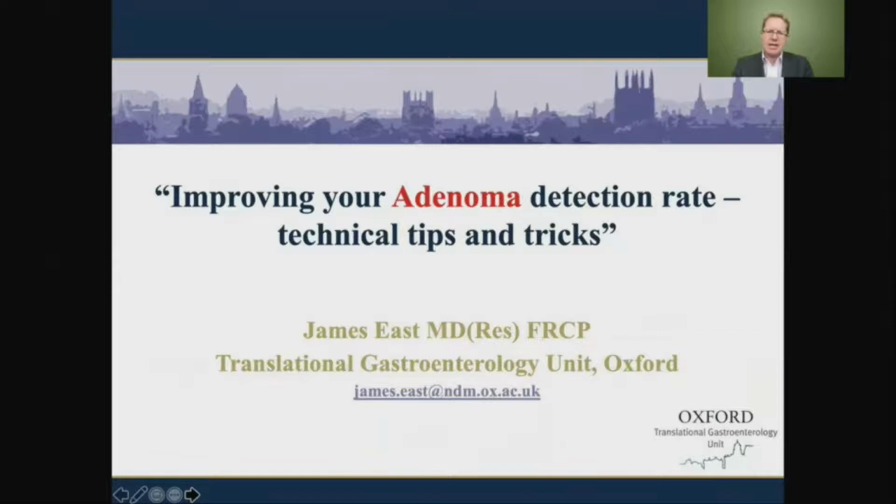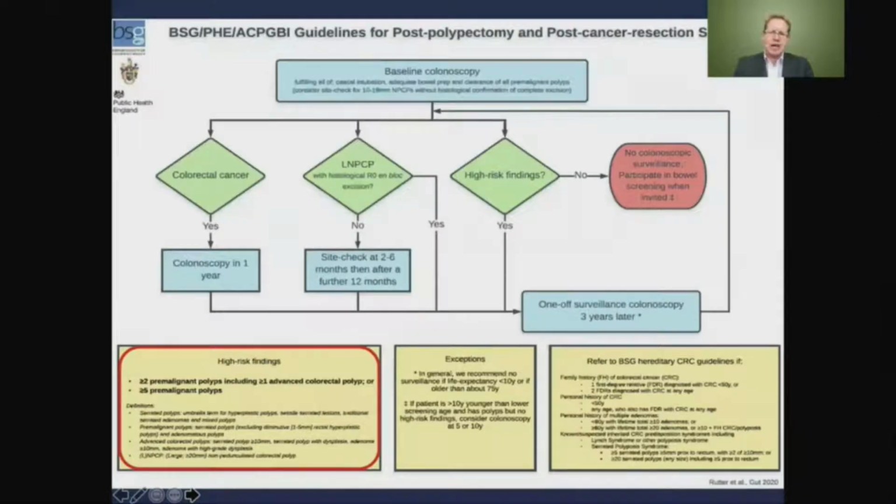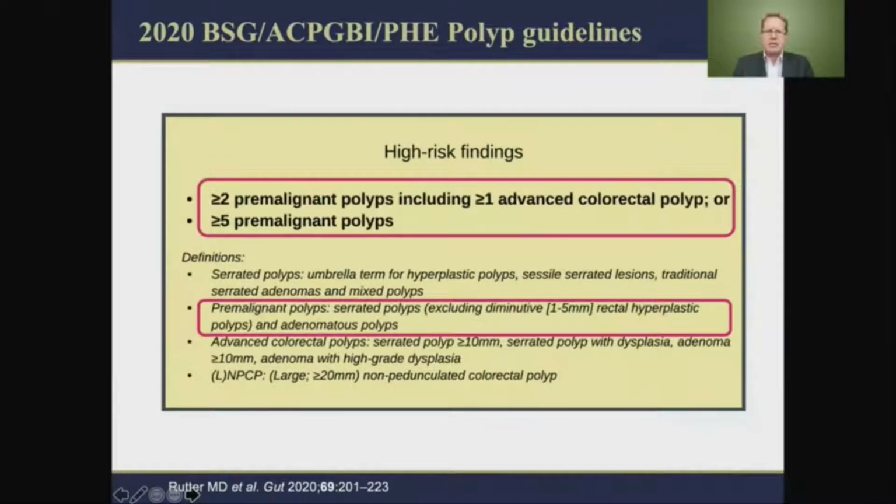But in fact, the ground has shifted underneath us in the last year or so. And this is the new polyp follow-up guidance led by Matt Rutter from the BSG. And it now defines high-risk findings slightly differently. In particular, they talk about pre-malignant polyps.